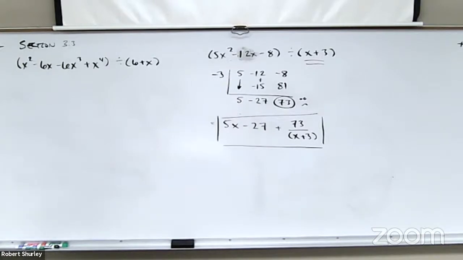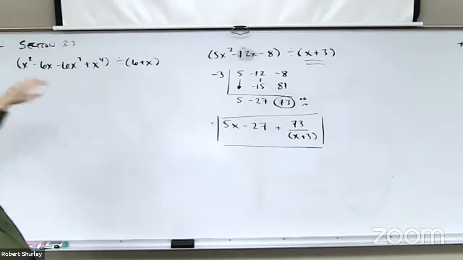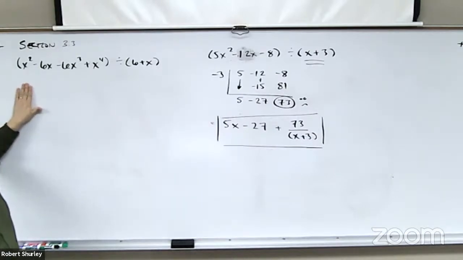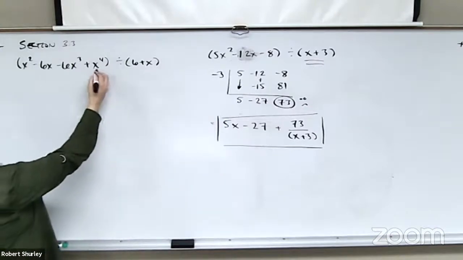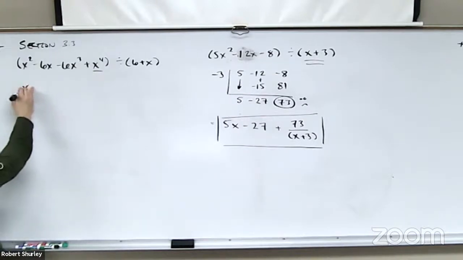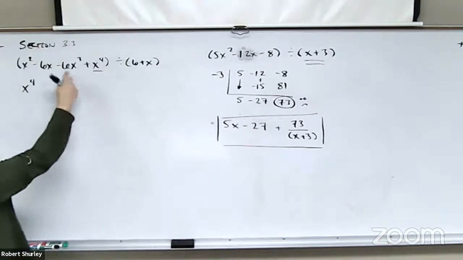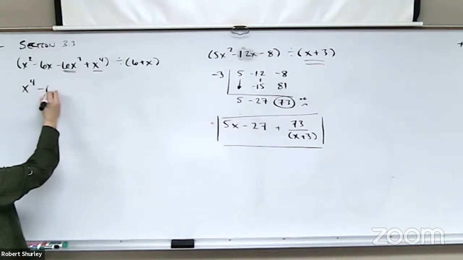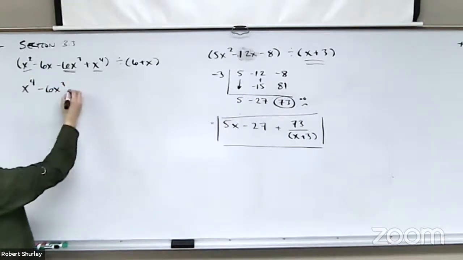First off, this is not in descending order, and it has a missing term. If you're not sure about the missing term, pick out the degree term. If I look at all 4 of these, the degree term's right there. That's what you have to start with, and then you just work down. My 3rd degree is right here, minus 6x cubed. 2nd degree, right there.